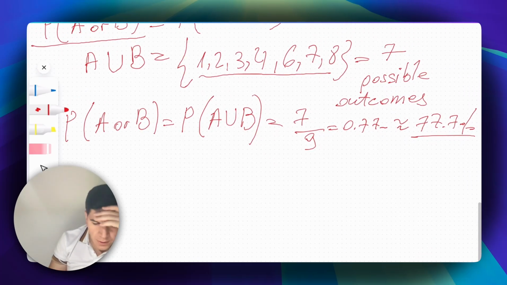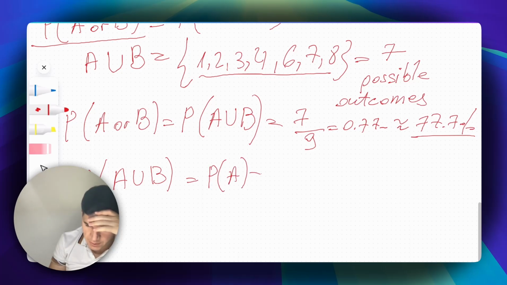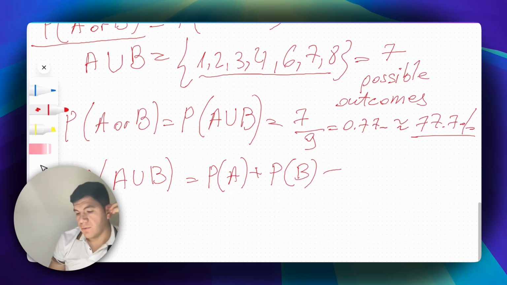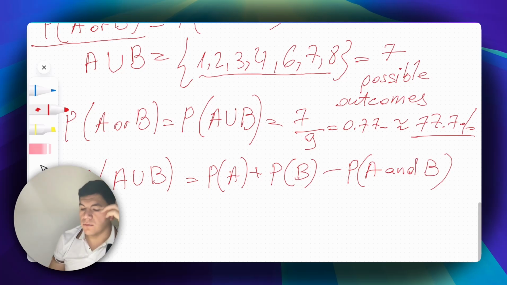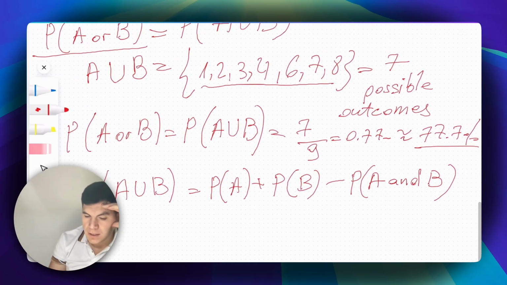So to calculate the union probability, the real formula is that one. Okay, P of A union with B is equal to P of A, the probability of event A, plus the probability of event B happening, and we have to deduct the probability of events A and B. Okay, so then you can start questioning, why earlier we haven't done the minus P of A and B, we only kept that part.